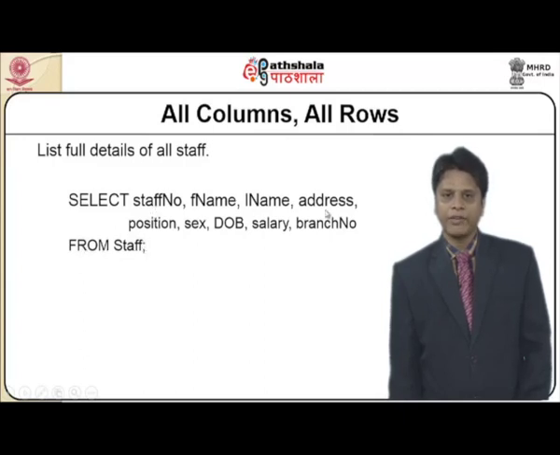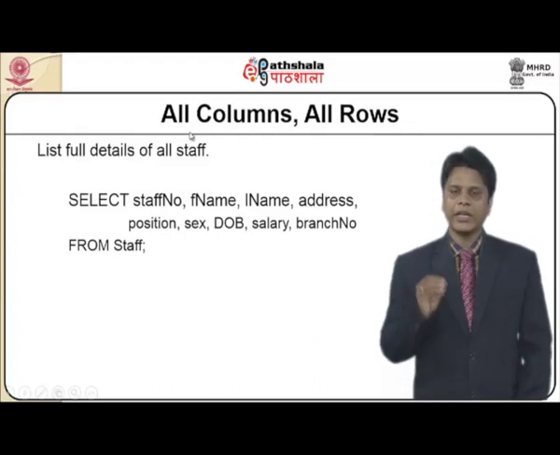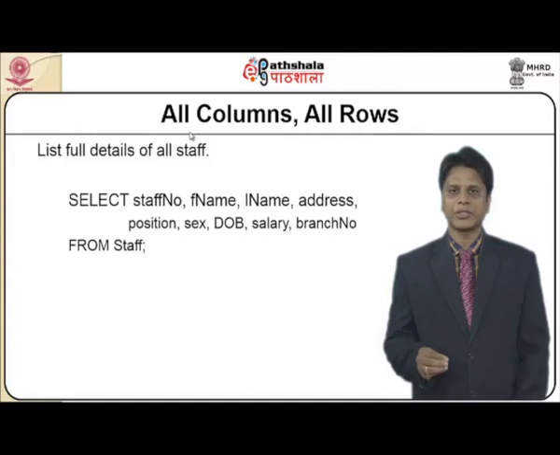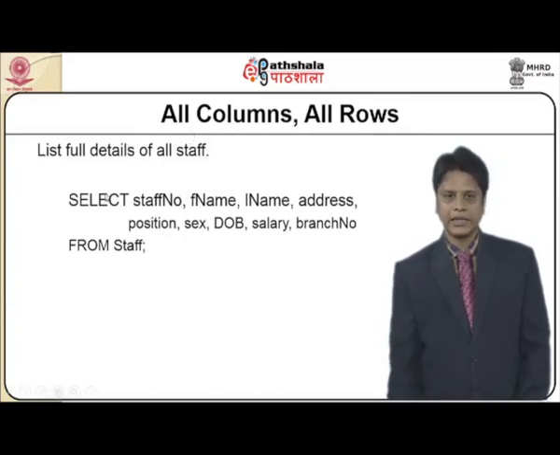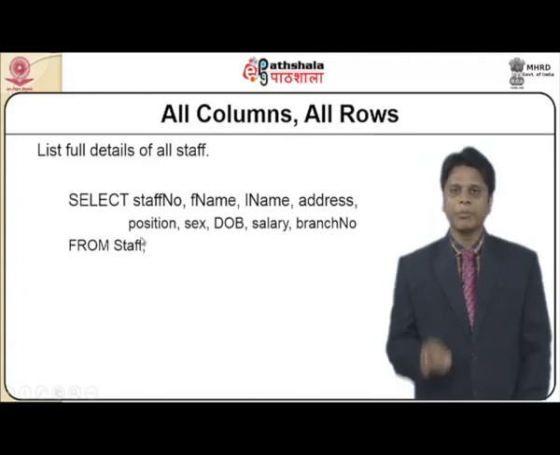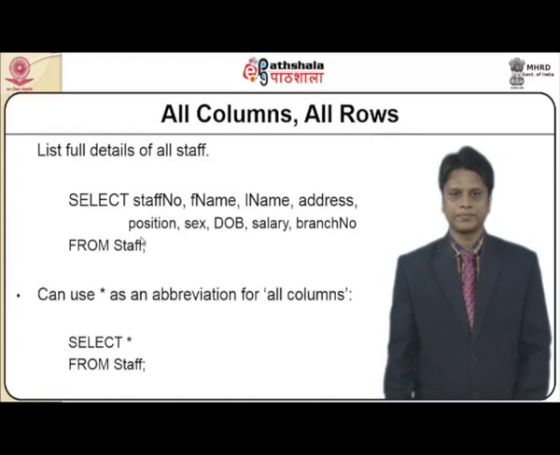So now that we have almost 9 attributes that are to be projected as part of this query, since the query needs full details to be presented, it could be written in this format representing each and every attribute from the relation, or we can write it as select star from staff, which would also mean all columns and all rows of that particular table would be retrieved.